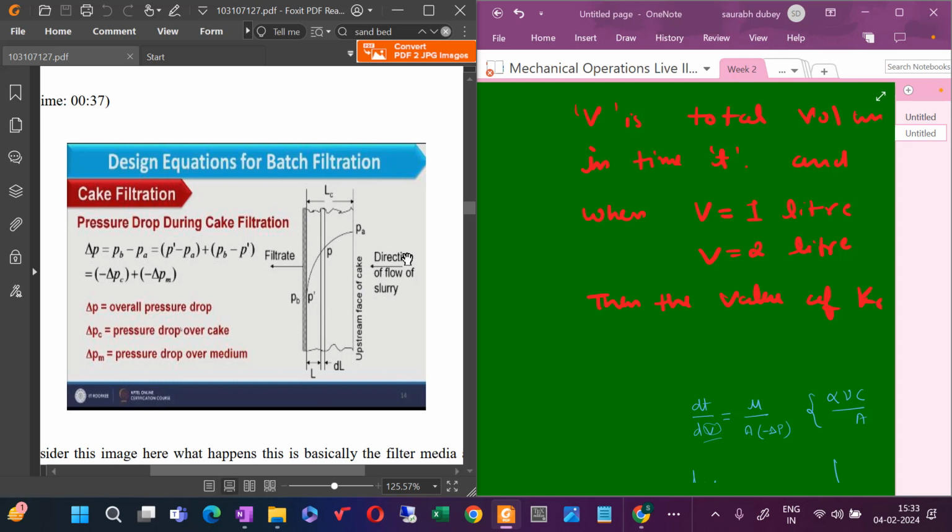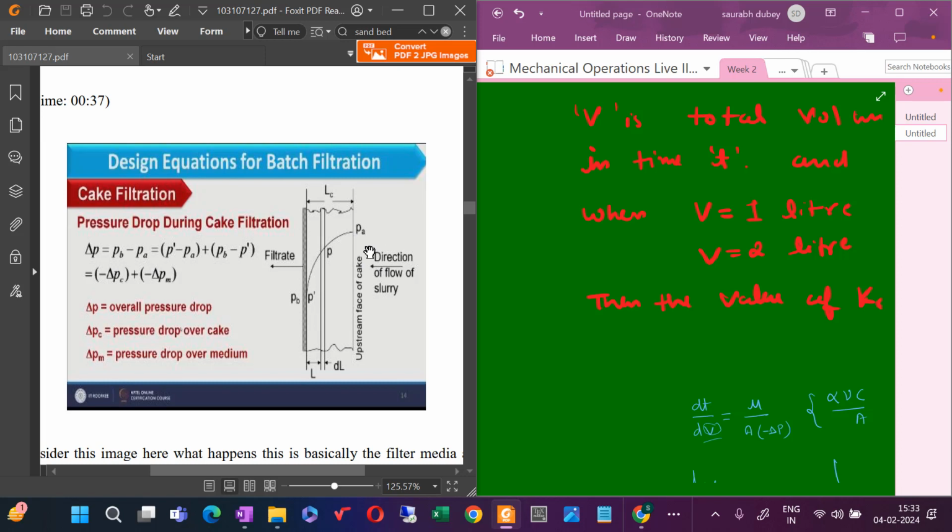So this pressure drop has been calculated with this scheme. Suppose your slurry is flowing from this direction and this is the filter medium. So definitely there will be some resistance provided by the filter medium, but with time some of the solid particles will be accumulating here at the very adjacent layer of the filter medium, and that will have again its own resistance, that is nothing but the cake resistance.